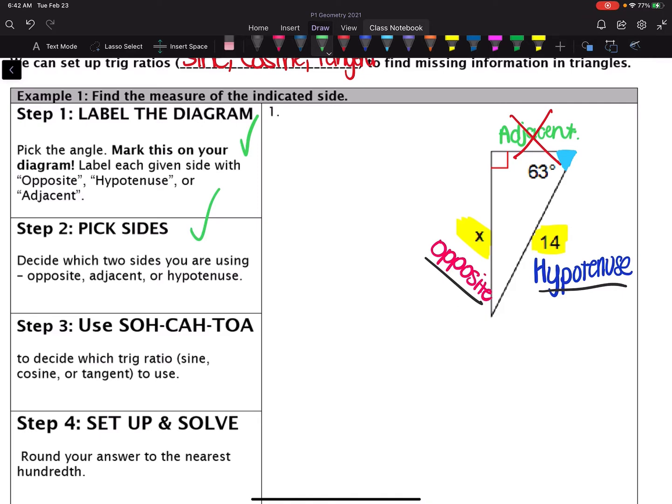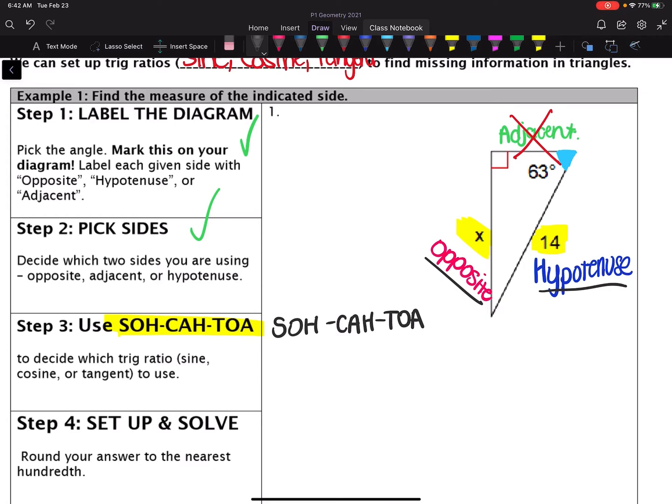Our third step says that we want to use SOHCAHTOA, which is that trig ratio, to decide which one we're going to use. So when I look at SOHCAHTOA, this acronym here tells me which ratio uses which sides according to our triangle.